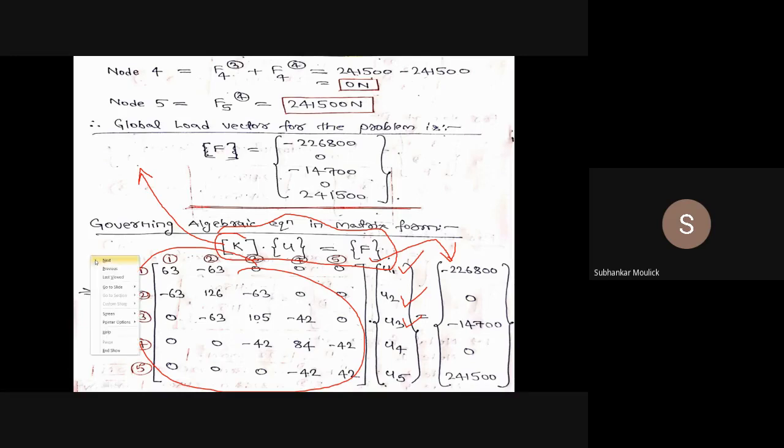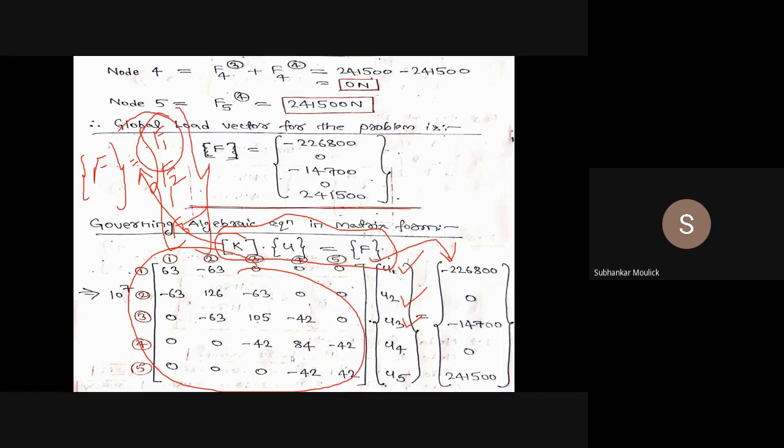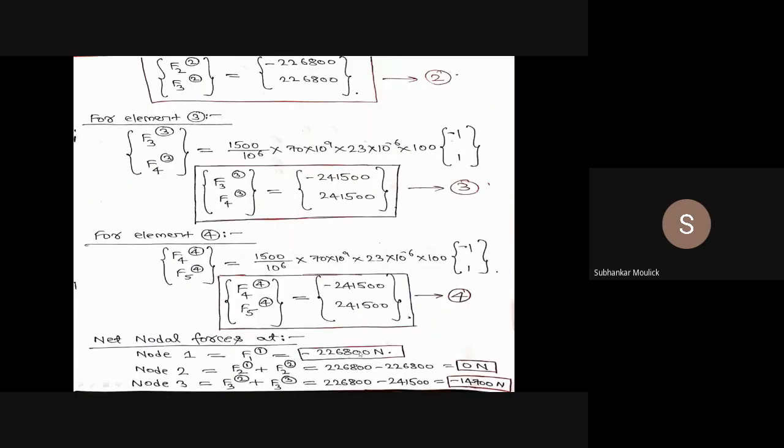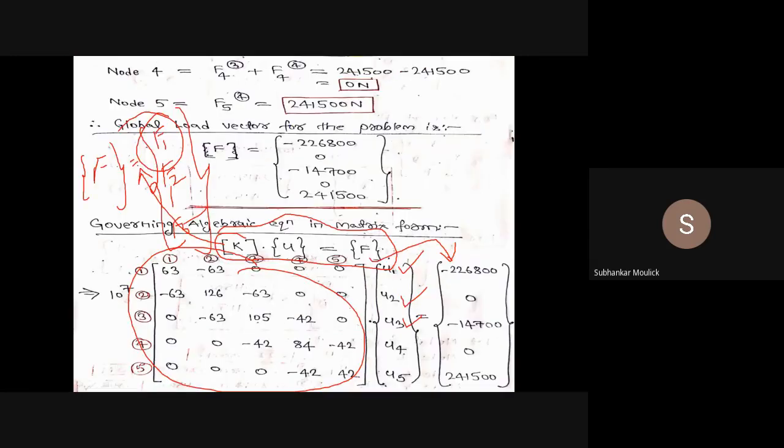Then the nodal force vector is given by F equal to a 5 cross 1 matrix, F1, F2 and so on up to F5, where F1 is minus 226800 Newton, F2 is 0 Newton, F3 is minus 14700 Newton and so on.